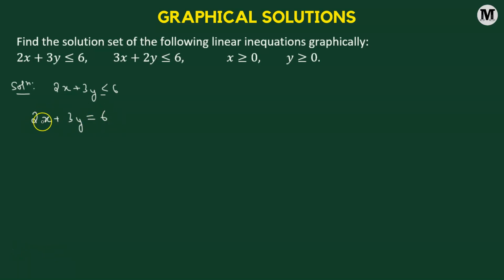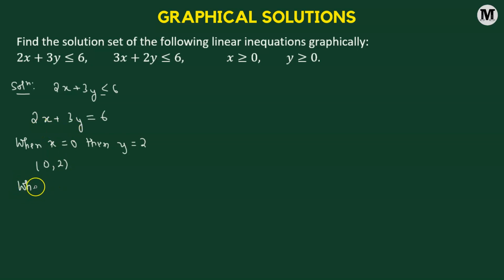So this is going to give us an equation now. This is an equation in two variables, x and y. Now, for this equation, we're going to consider 2 points. So let's say when we consider x to be equals to 0, then the corresponding y value is going to be equals to 2, which means that (0, 2) is going to be a solution for the given linear equation.